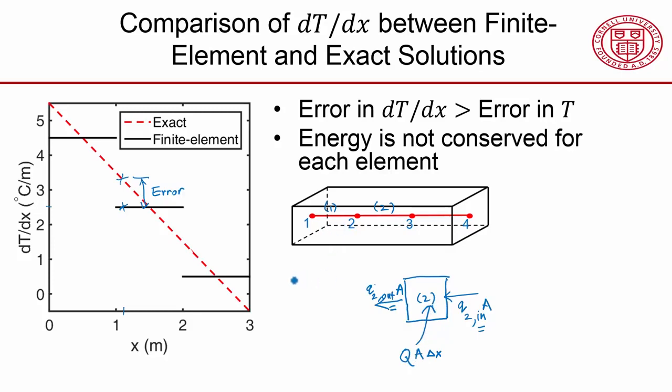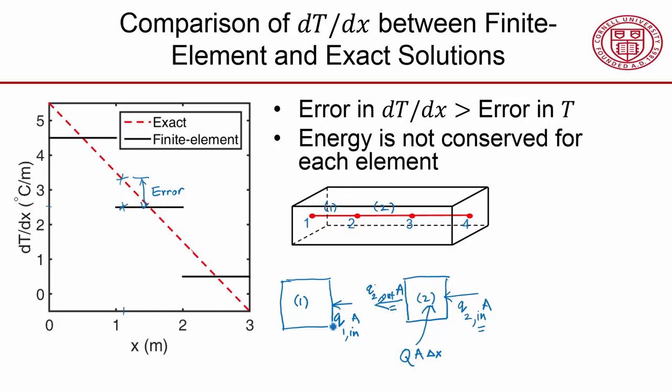So if I draw a corresponding graphic of element 1, pardon my chicken scratch, and I say the heat going in is q1 in times the area. Now there's a jump there, which means that this is greater than that, which is non-physical, right?